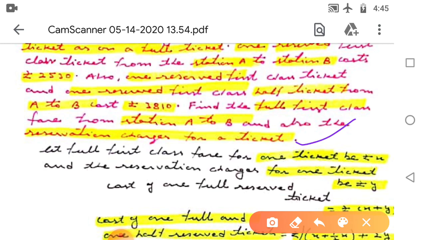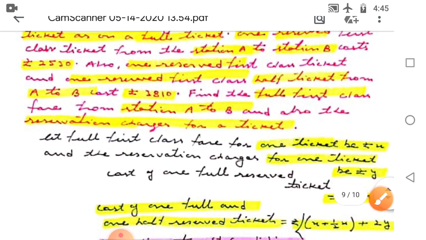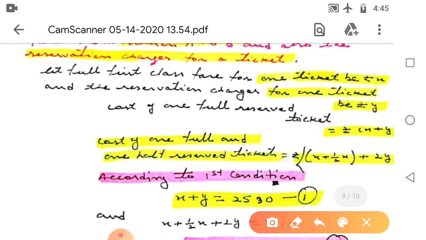Let the full first class fare of one ticket be X rupees, and reservation charges Y rupees. Reservation charges Y rupees for full first class or half first class, because the reservation charges are the same. Clear? Fine. Now look here.